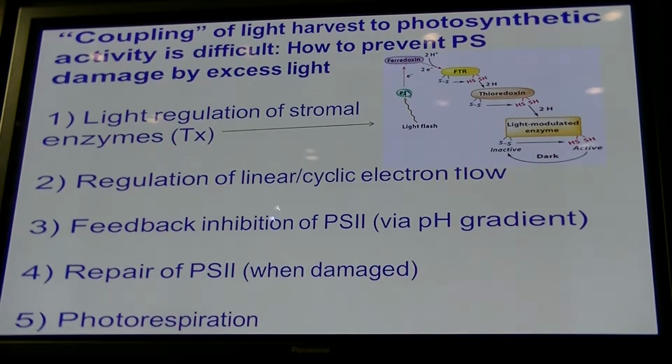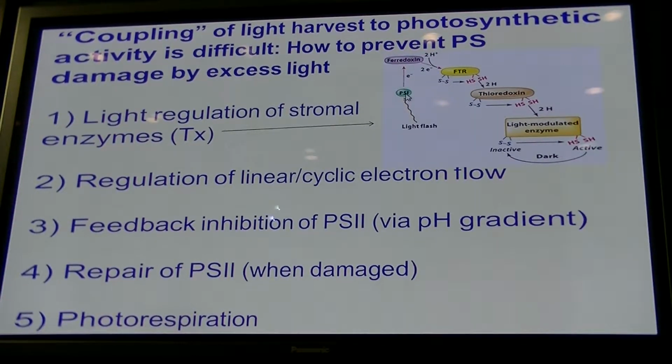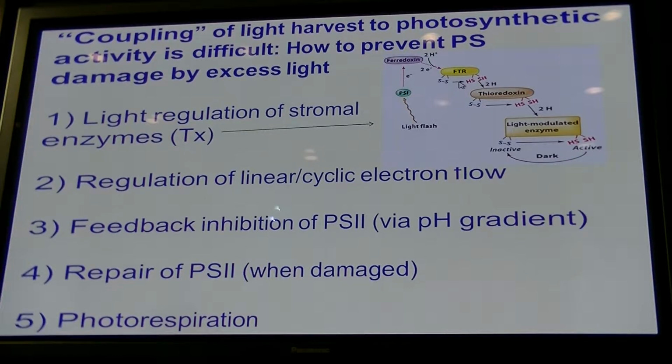The mechanism is fairly simple. Photosystem 2 can not only reduce NADP+ to NADPH, it can also reduce a protein that has cysteines, and those cysteines can be reduced. So we can have disulfide bonds or we can have reduced cysteine on there.